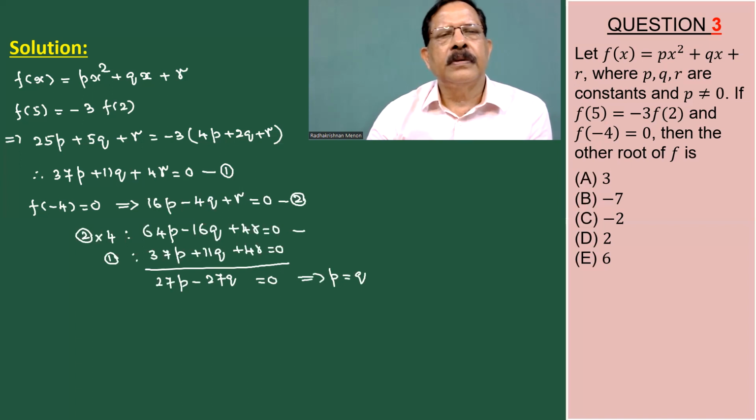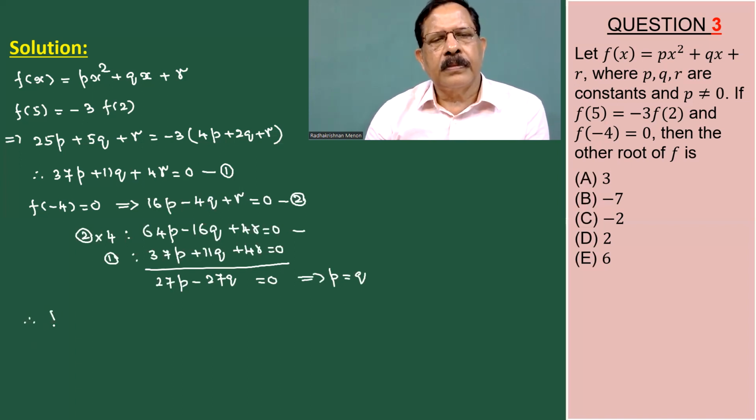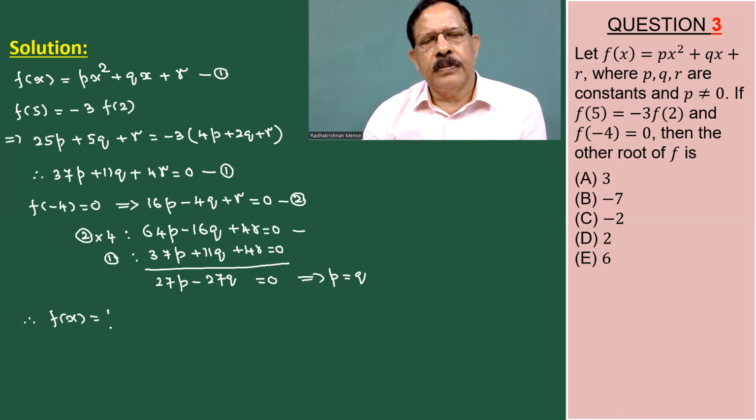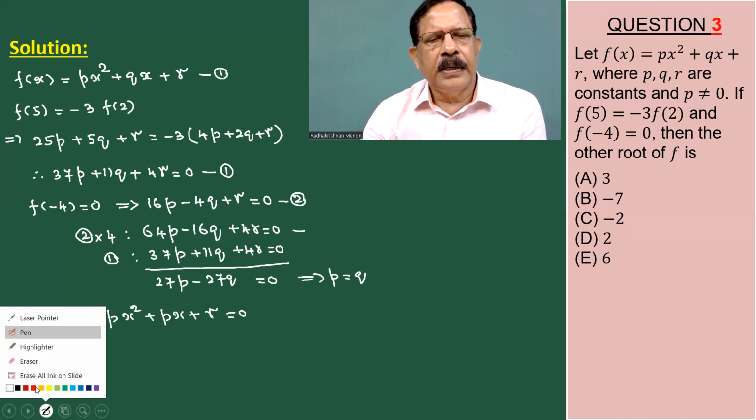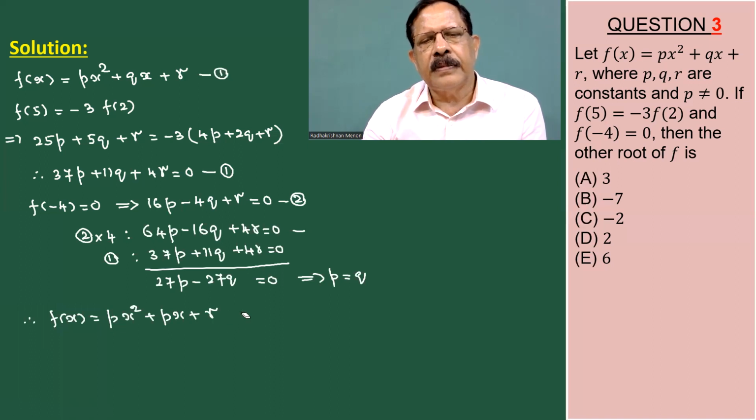Therefore, f of x is equal to, from the first equation, you put p is equal to q: px squared plus px plus r equal to 0. Now it is given that f of -4 is equal to 0.